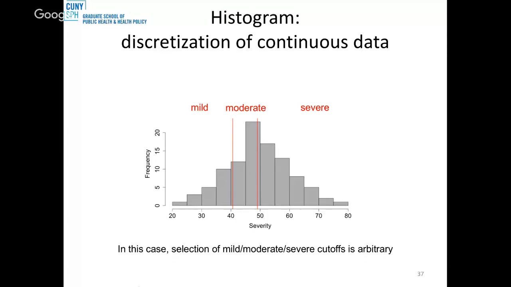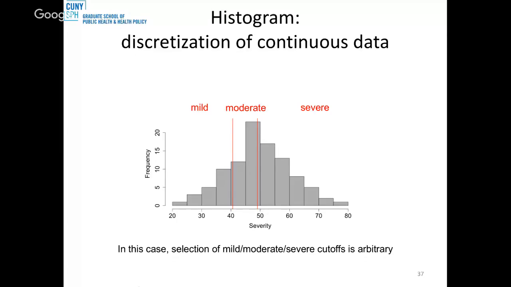You see, there is not some natural place to divide mild from moderate pain. It's just the threshold put in there. And that is often the case with categorical data that is analyzed in epidemiology.